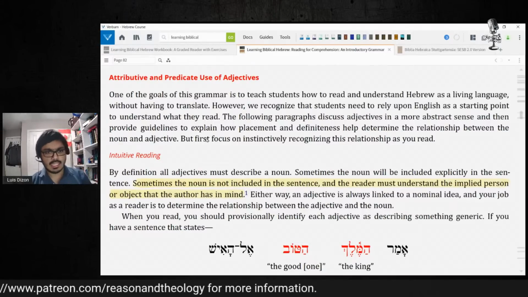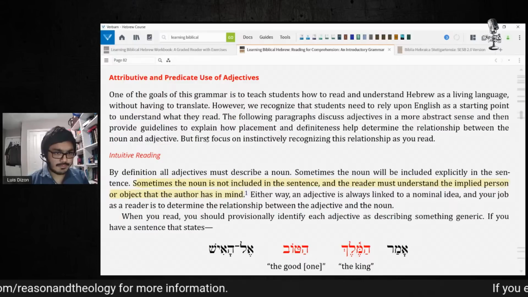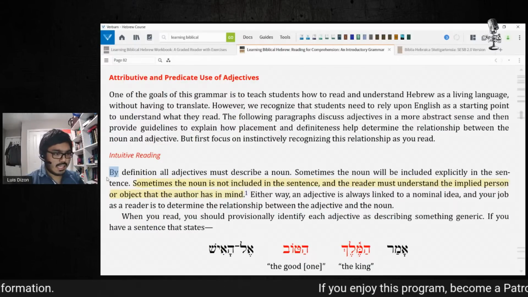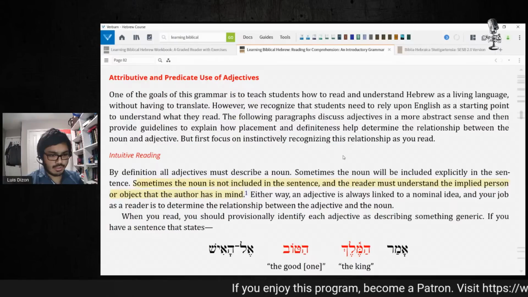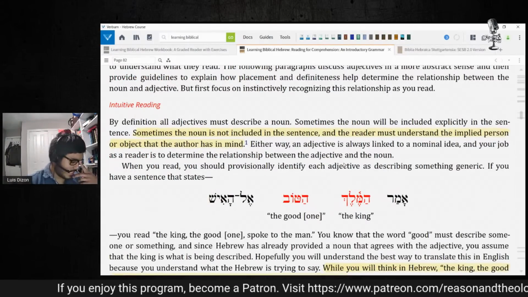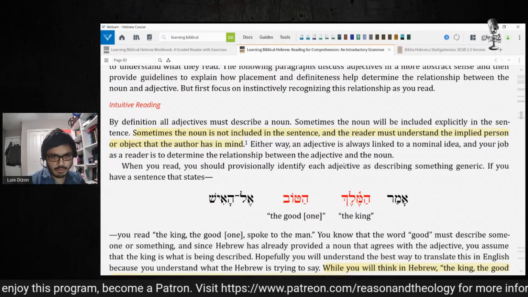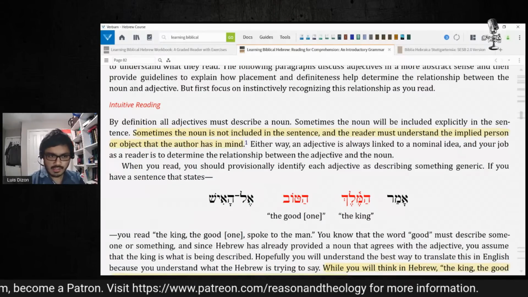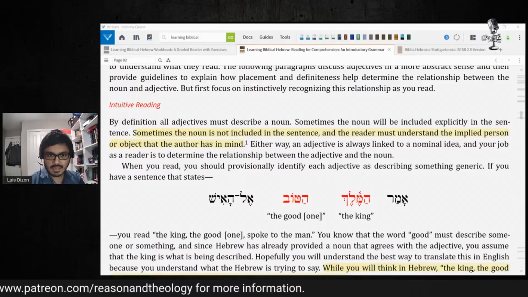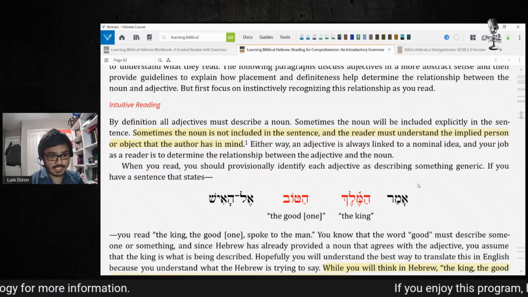Attributive adjectives have to do with an adjective that is added directly onto the noun. In English we would say, for example, the good man, the good boy, the good king, the good earth, the bad man, the bad king, the bad earth, right? So bad and good in this context would be attributive adjectives.